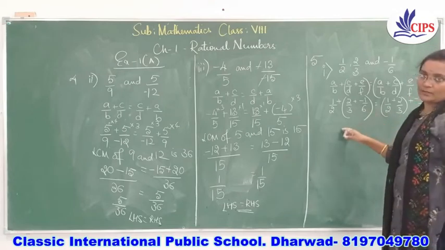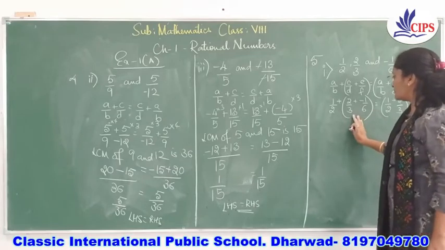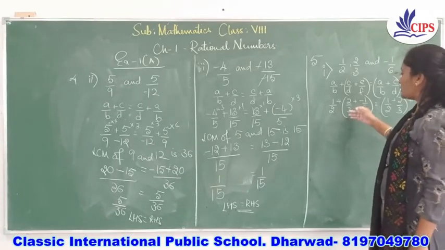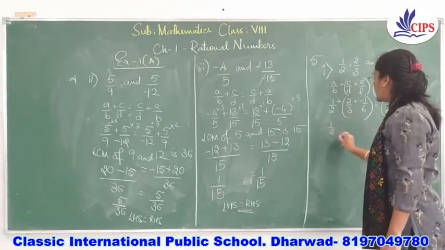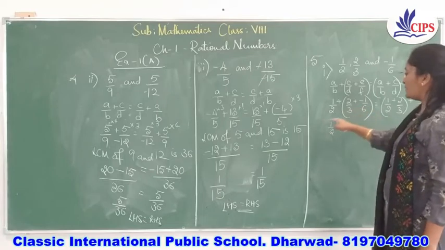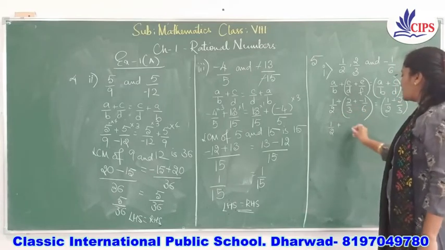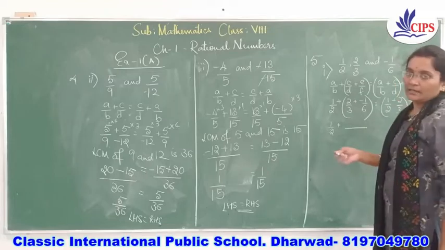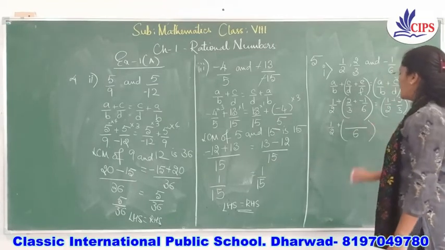Now we need to solve it. You know that we have to solve the numbers which are in the bracket first. We'll solve this bracket on the LHS first. So 1/2, I'll write as it is, and then we'll find the LCM of 3 and 6. I'll tell it orally. What's the LCM of 3 and 6? It's 6 only. So I'll write 6 as the LCM, common for both.